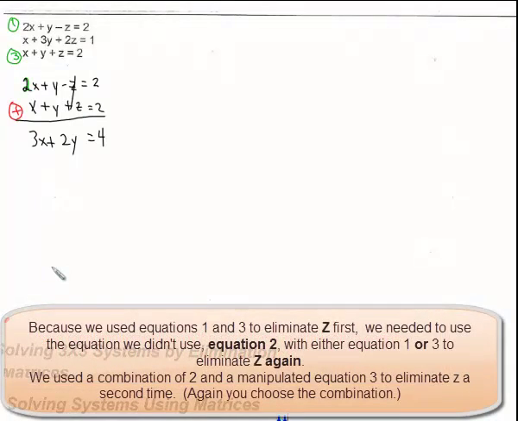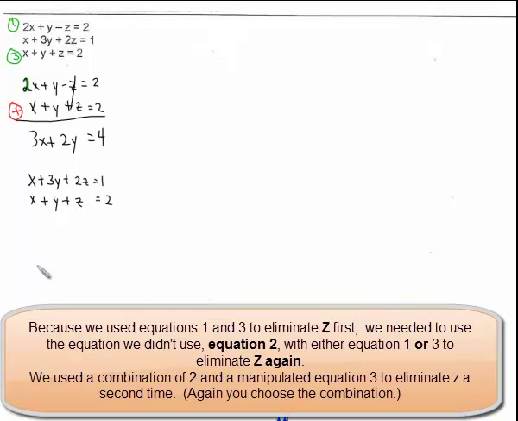Let's see if we can find something else that we can work with. I need another equation that would be x plus y so that I can combine and simplify. I do not have that. So if I combine equation 2 and equation 3, I need to do something with equation 3.